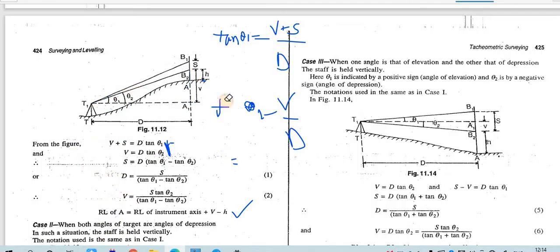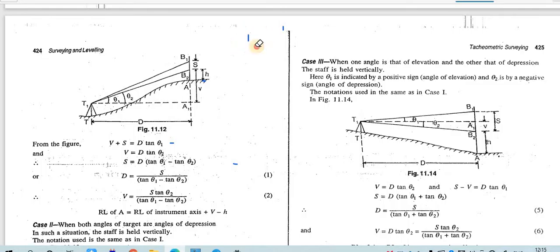I hope you have understood this. This is nothing but simple trigonometric formulas that we are using in this. So this was the first case where both the points or targets are in elevation.